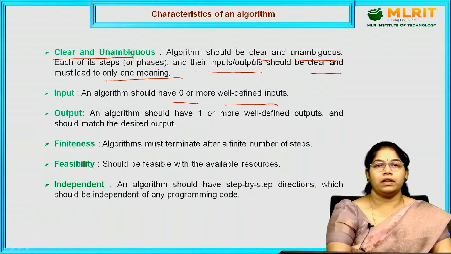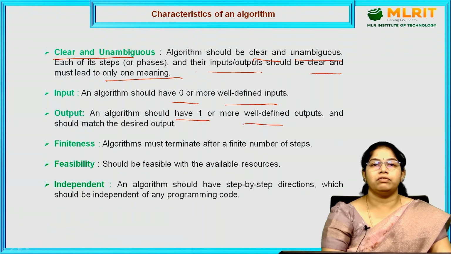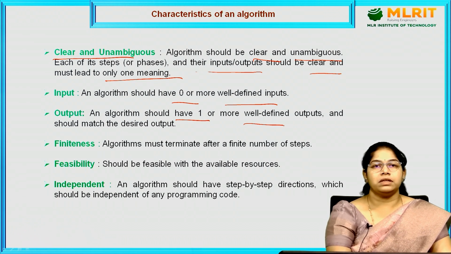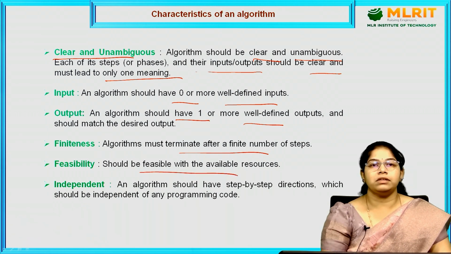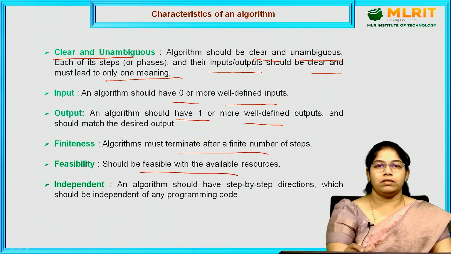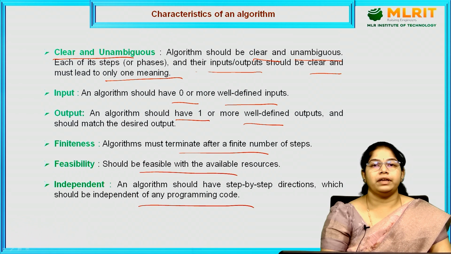Output: an algorithm should have 1 or more well-defined outputs. Finiteness: an algorithm must terminate after a countable number of steps. Feasible: an algorithm must be feasible with all the available resources. Independent: an algorithm must be independent of any programming code.